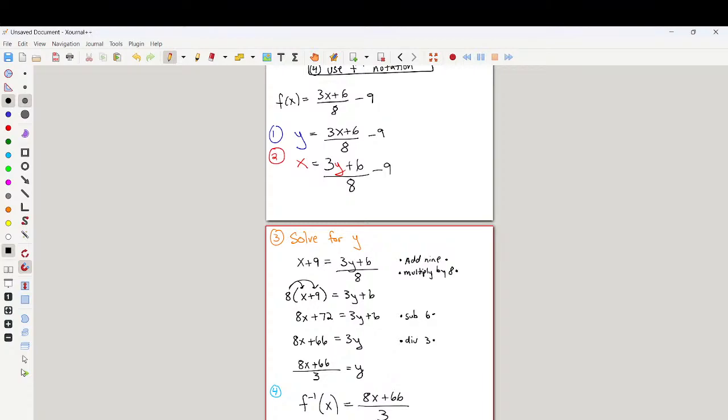I'll let you guys choose what number you want to do. 3? All right. So if I choose 3, what does f output? Let's see. 9 plus 6. 15. 15 divided by 8 minus 9. Pretty gross, but just really quick.